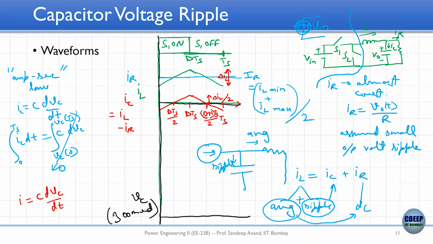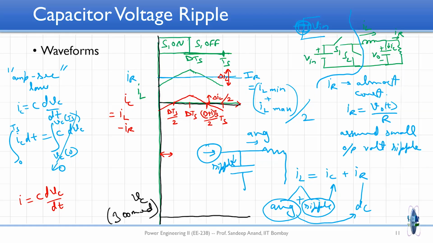Now between 0 to dTs, between this first period, what would be dV by dt? Would the dV by dt be positive or negative? How many of you say positive? What would be dV by dt? dV by dt is nothing but I equal to C dV by dt, right?